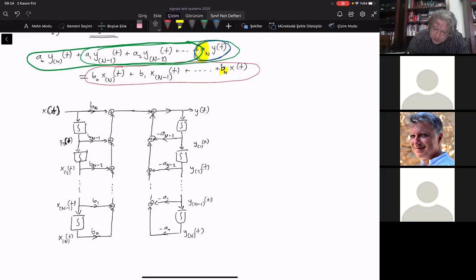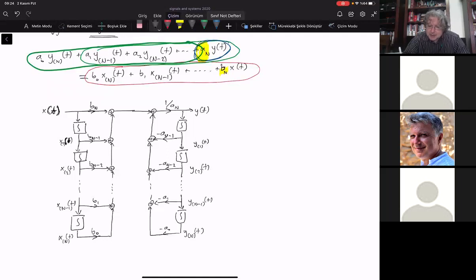So I will put a 1 over a sub n here to normalize for the last thing. This is perhaps way more complicated than the discrete time case, because now we have an awkward 1 over a sub n thing, and everything is in the reverse order, but the negatives are at the right hand side and the positives are at the left hand side of the expression.